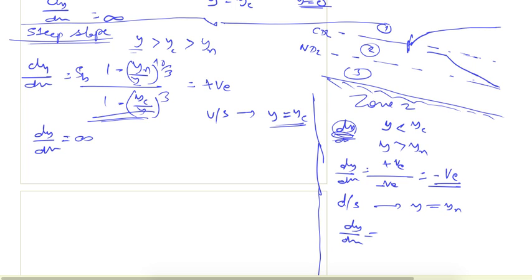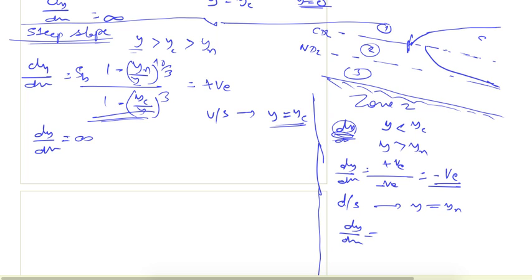It will go something like this. And in the upstream we know that y is equal to yc, so we can make it like this because again it will meet normally.